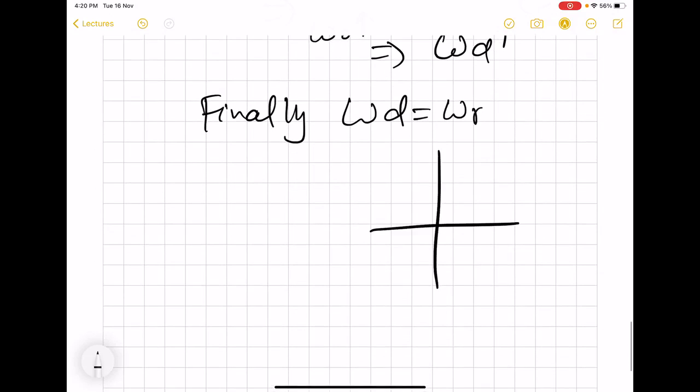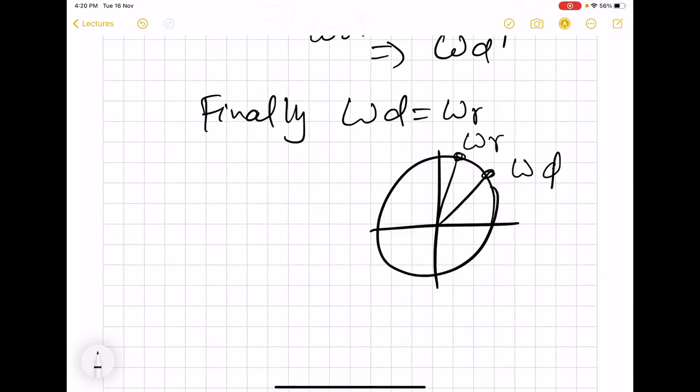So in this case, we will have this scenario that here we have omega d and here we have omega r, and both are now rotating with the same frequency or angular velocity. So that means this phase error is now going to become constant.